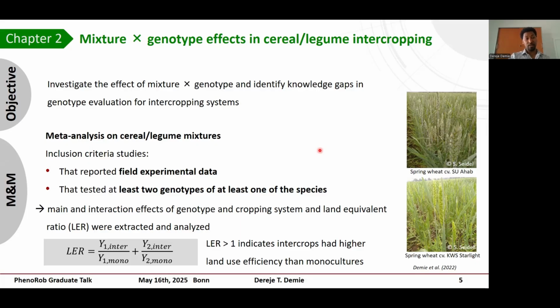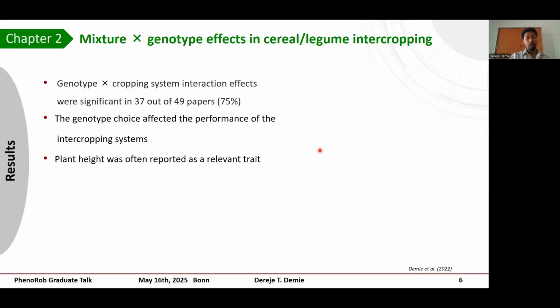Let's see some of the results. Among the studies we considered for further analysis, 37 papers out of 49, which is 75% of the total, show that there is a significant genotype crop system interaction effect. That means if you grow one genotype as a monoculture or in intercrop, it makes different responses.